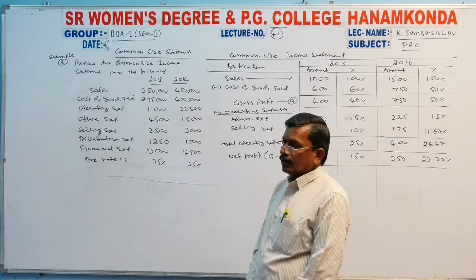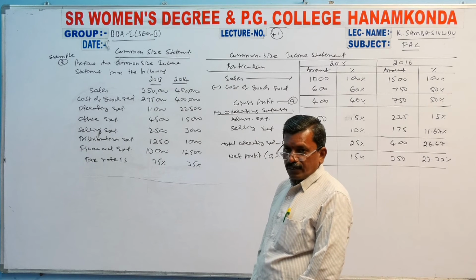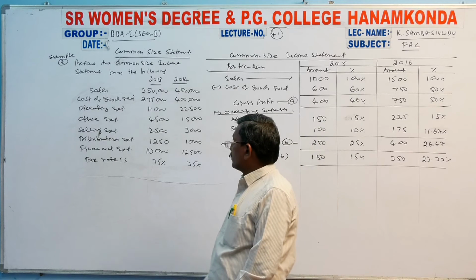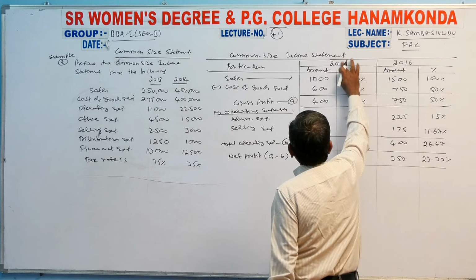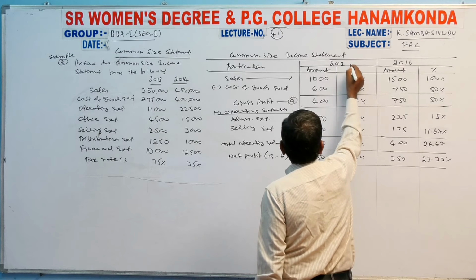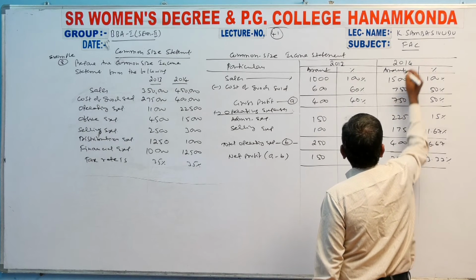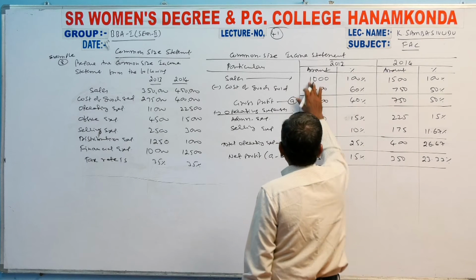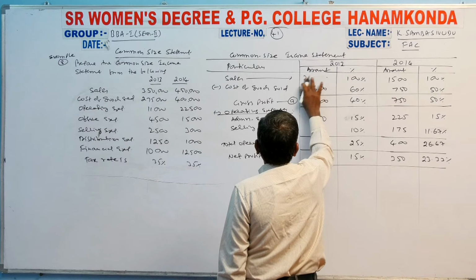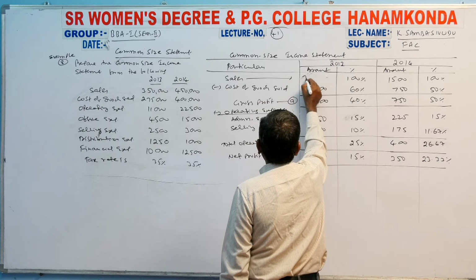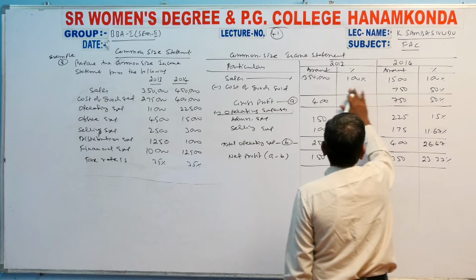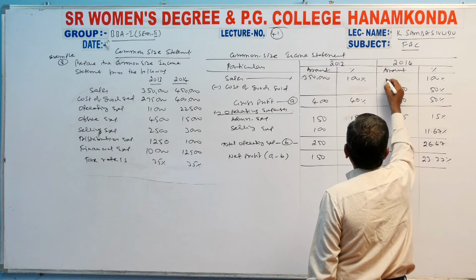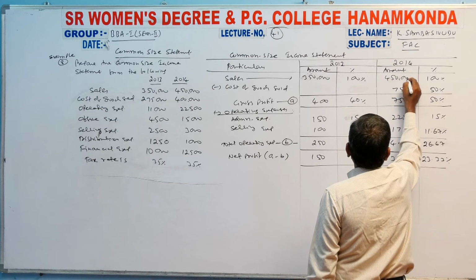Here also it asks to prepare the common size income statement from the following, for the years 2013 and 2014. What are the sales here? 3,50,000, and here 4,50,000.